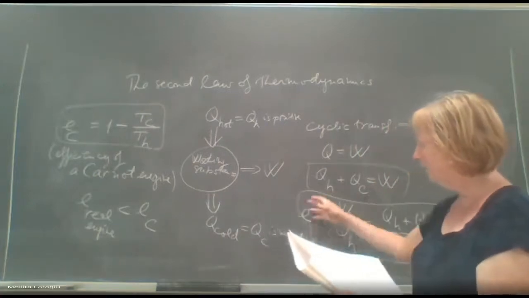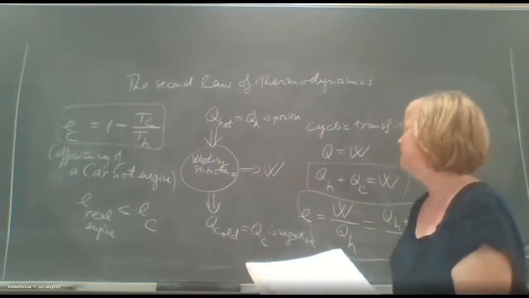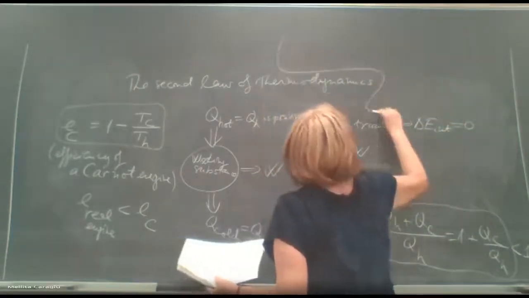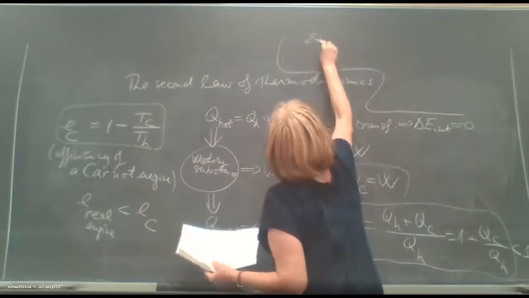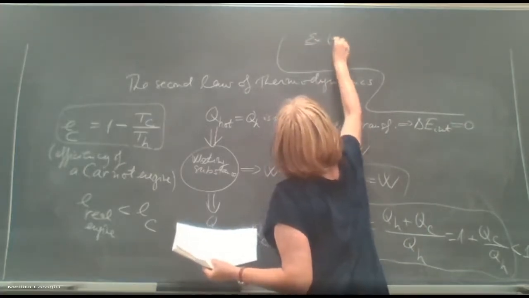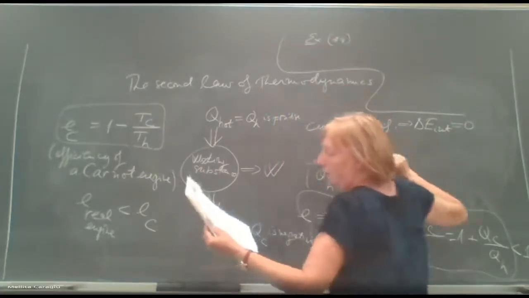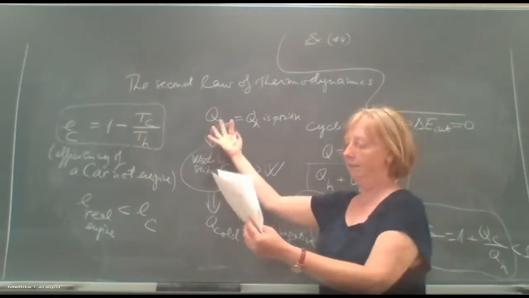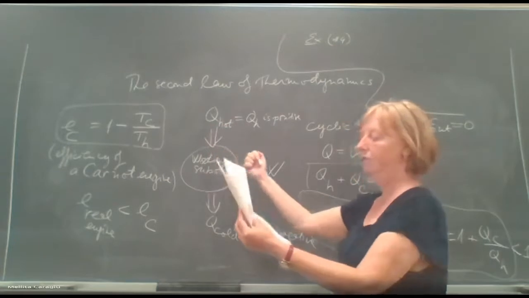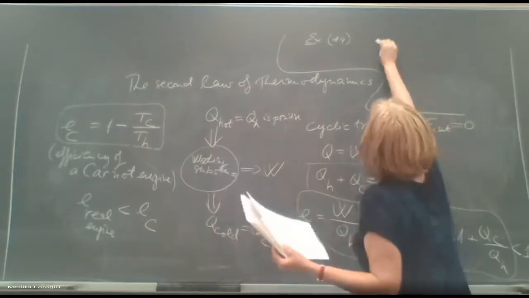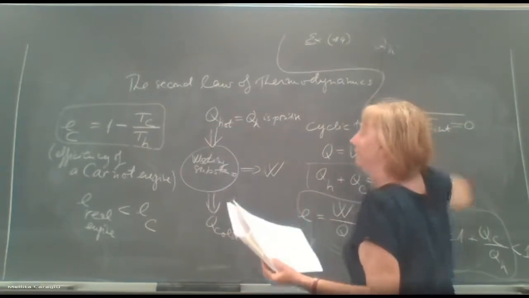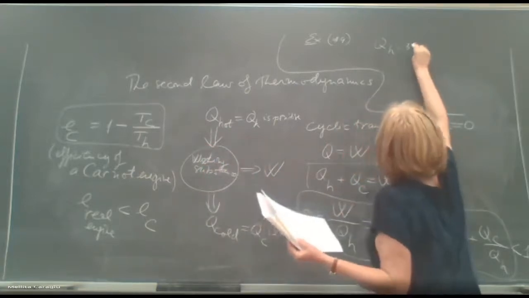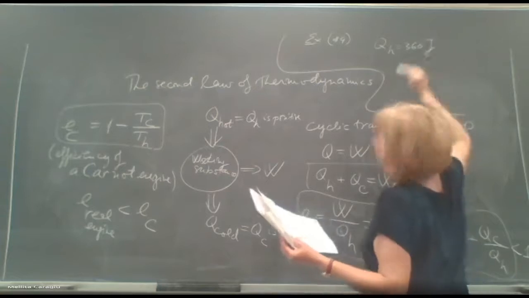So I'm going to work this example high up here. This is the example which is actually number 4 from the homework. It says that the working substance takes in 360 joules of energy from a hot reservoir, that's Q hot, and since it is absorbed, it's positive, so positive 360 joules.